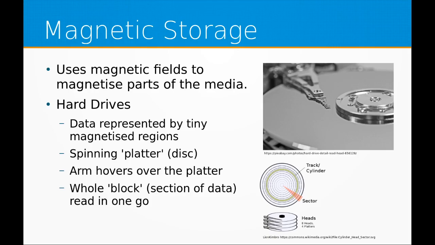If they're pointing away from the center, there'd be a 1. If they're perpendicular to the center, then that would be a 0. So you could arrange loads of them to represent 1s and 0s.